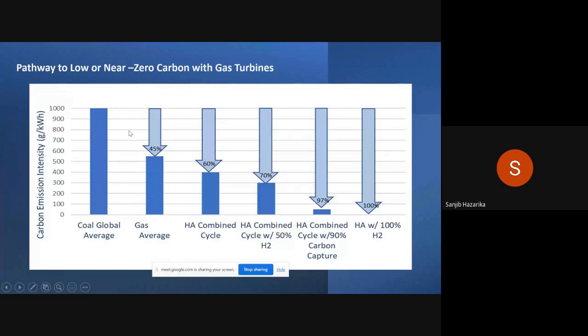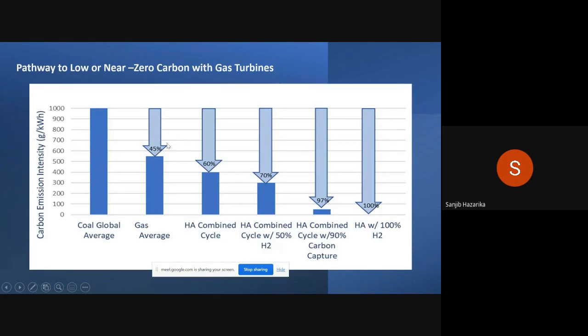So this is again the same thing we discussed, specific to gas turbines. How much carbon emission can we reduce if we go from a coal-based power plant to a completely new, latest gas turbine technology with pure hydrogen? Currently we have carbon emission in the range of around 1000 grams per kilowatt-hour.